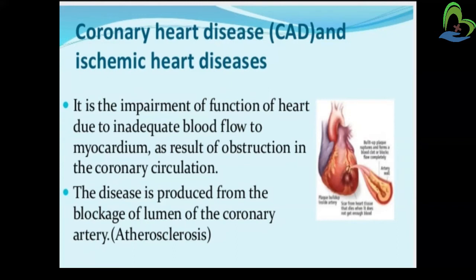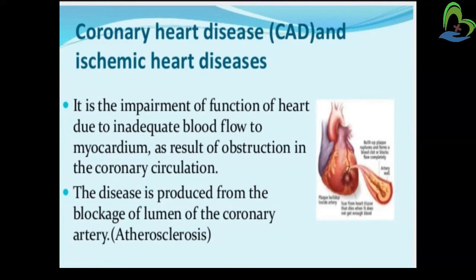What will happen is that the myocardium cannot get adequate blood due to alteration in the coronary circulation. And why does this happen? Because there is an obstruction in the coronary artery. This is the main cause of this disease.